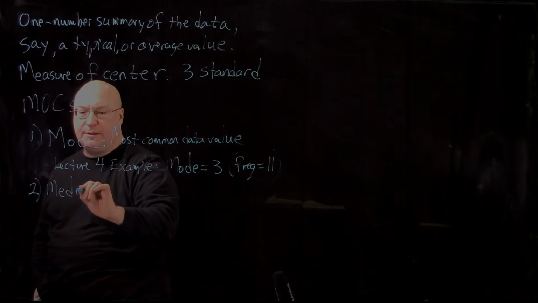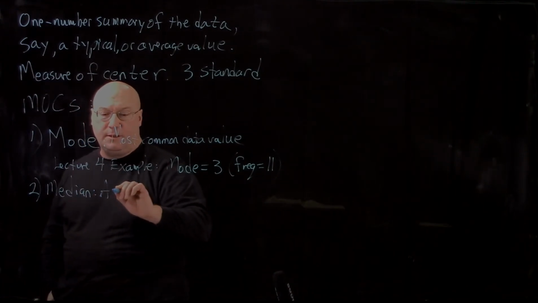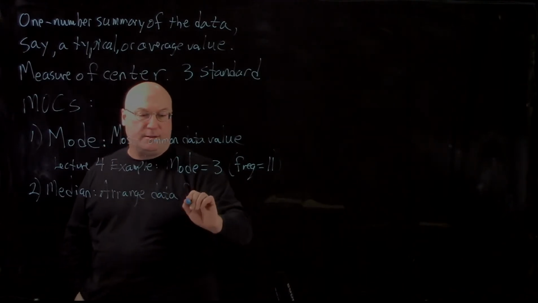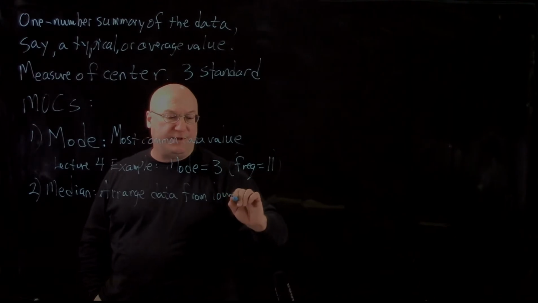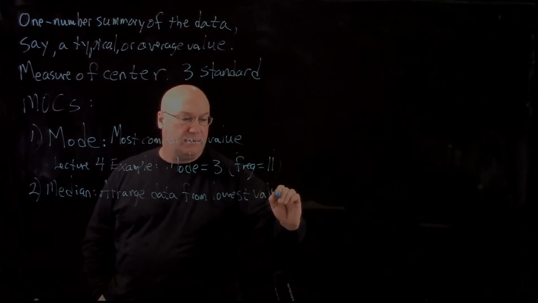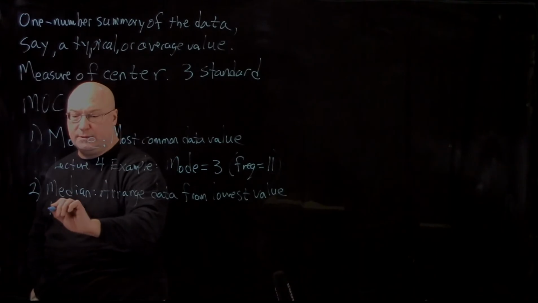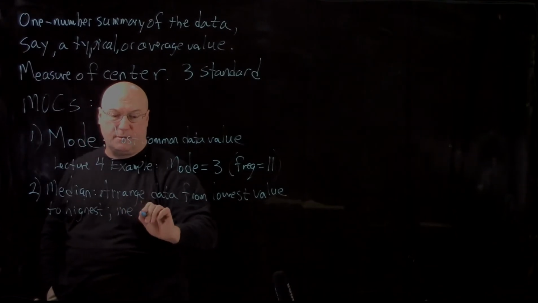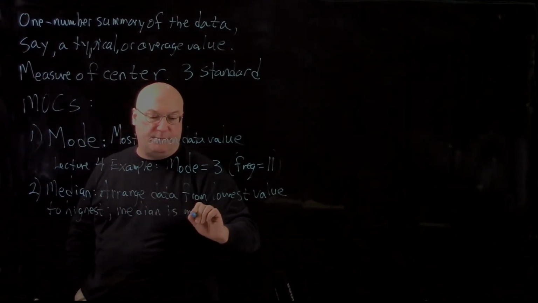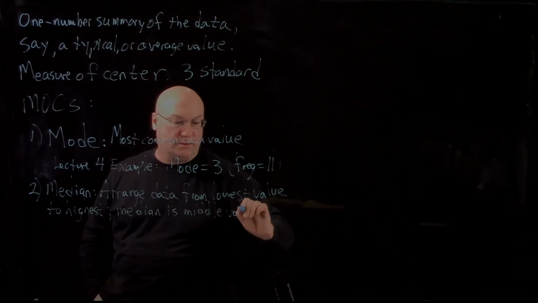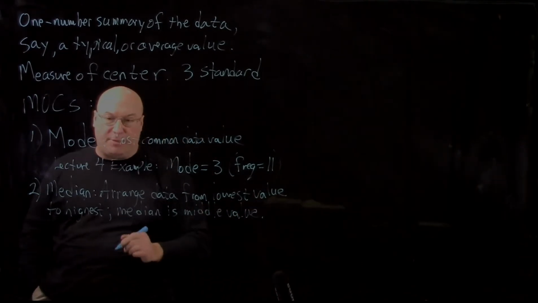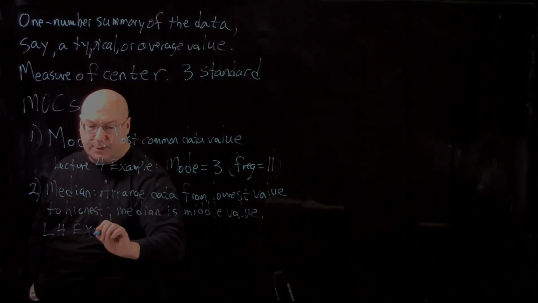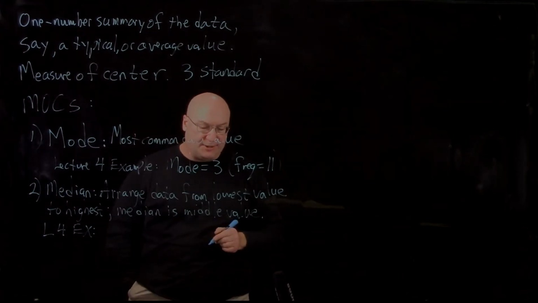Median. You arrange the data from lowest value to highest. Median is the middle value. All right, well, if you go back to our Lecture 4 example, you can just look at the frequency chart and figure this out very easily.